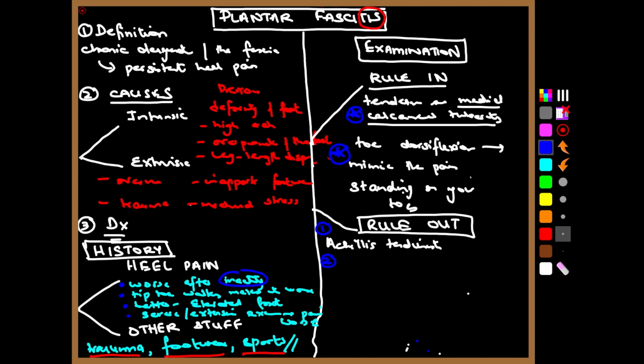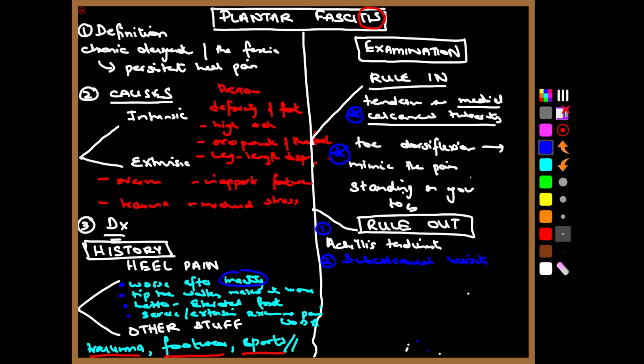Number two would be subcalcanean bursitis. Now this would present as a swelling under the calcaneum, and because the patient would be touching the medial calcanean tuberosity, it would be hard to tell the bursitis from the plantar fasciitis.